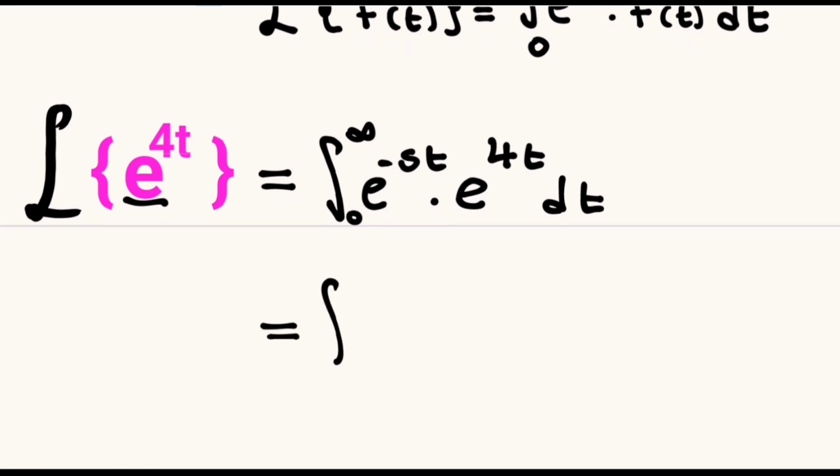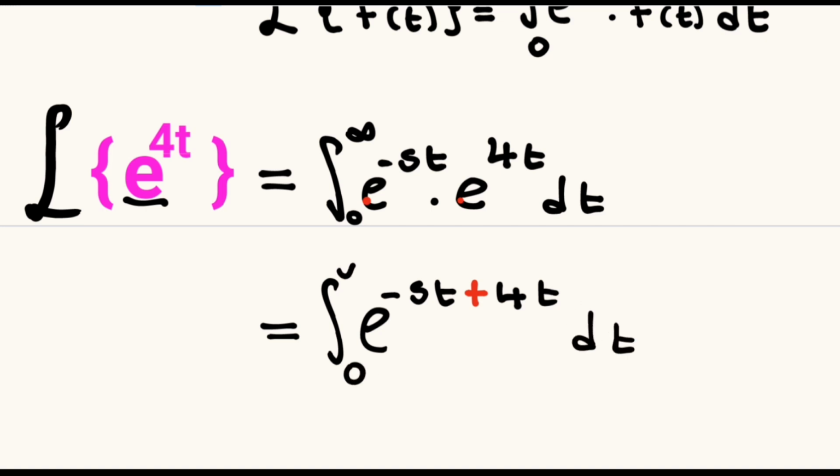We can see that the e and the e have the same base, so we add the exponents. So we have e raised to the power negative st plus the positive 4t dt, and our integral is from 0 to infinity.